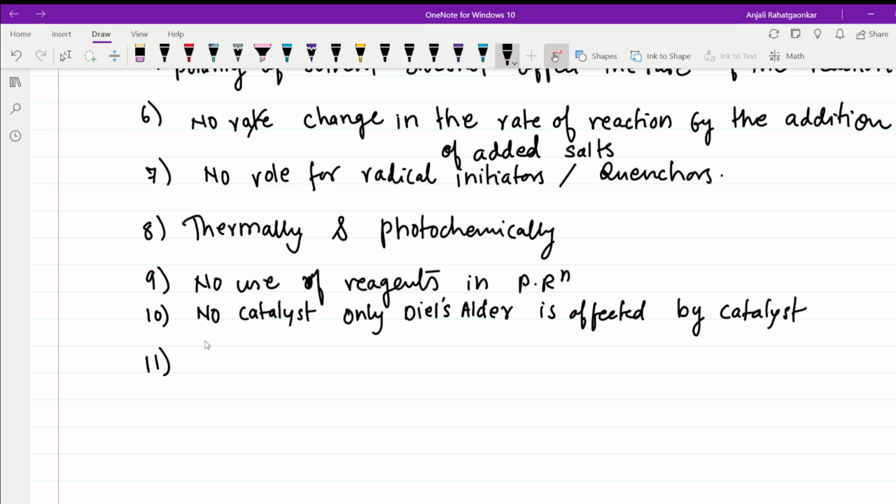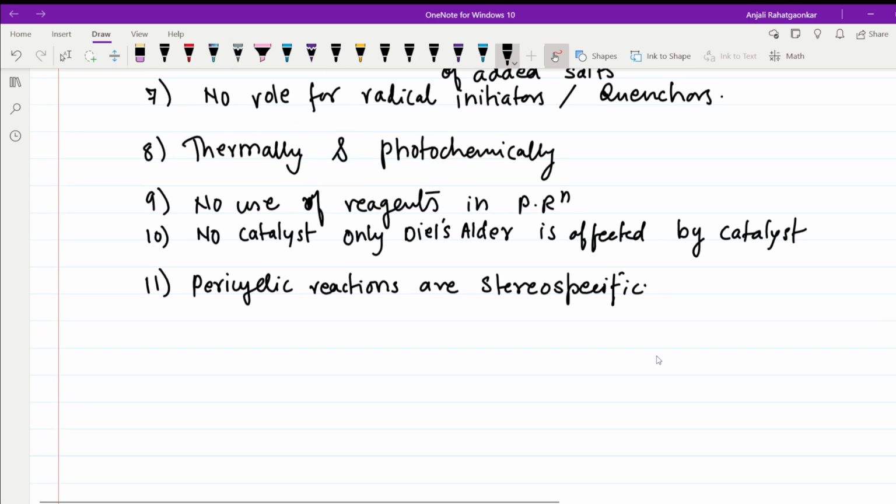Then the most important point is that pericyclic reactions are stereospecific. We have already seen stereospecific and stereoselective. Stereospecificity is important.